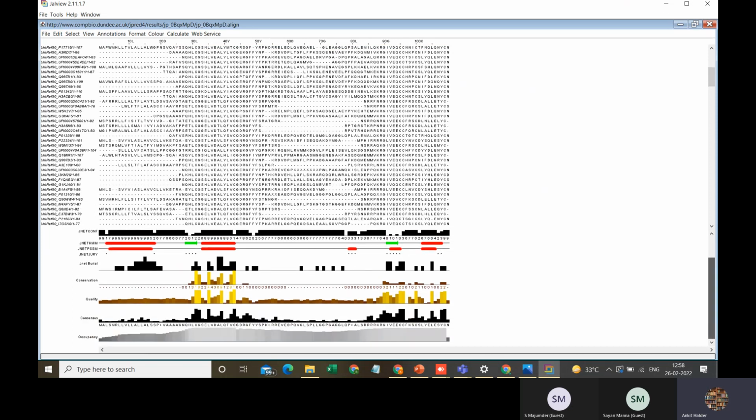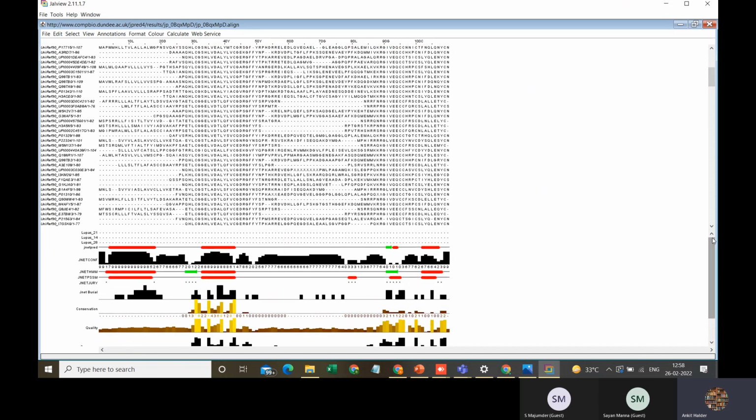You can just download it in the JalView format, and if you have installed the JalView application, you can click on this and it will automatically open and you can get a full view of it. So this was another tool using JPred which helps in the prediction.